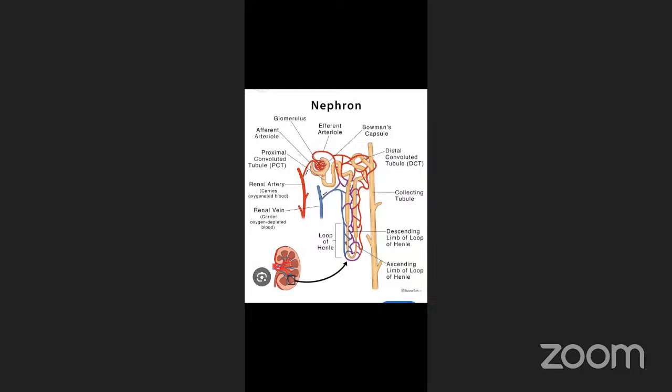Excess water will be taken out as part of the urine. That's why we say the kidney is an osmoregulatory organ. What is osmoregulation? It's the regulation of the quantities of salts and water. It is also an excretory organ because it removes nitrogenous waste, which is basically urea.